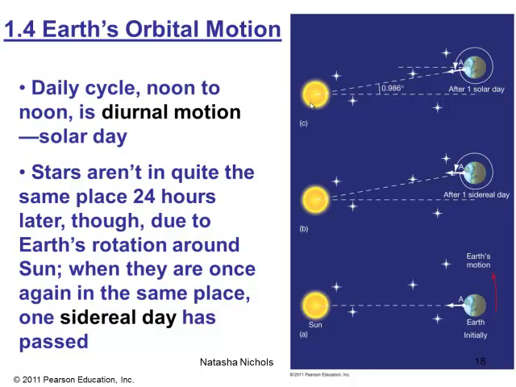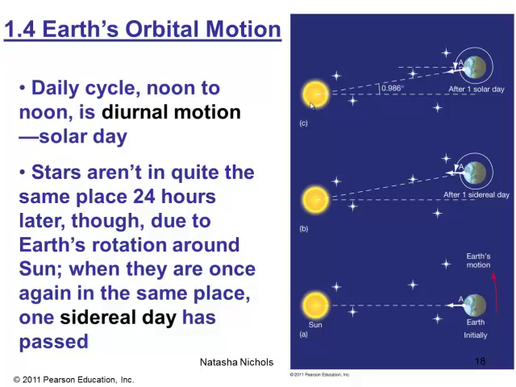A solar day is the time from one noon to the next. The difference in length between the two is easily explained once we understand that the Earth revolves around the Sun at the same time as it rotates on its axis.